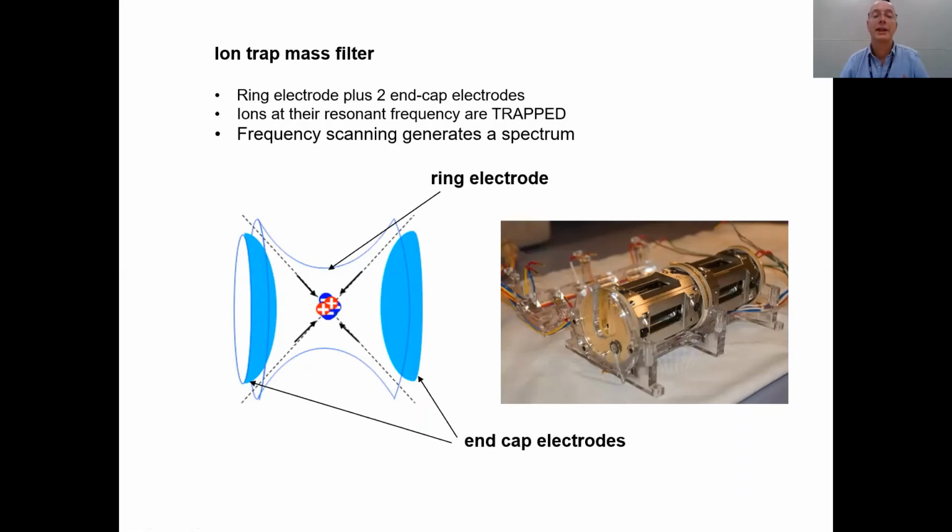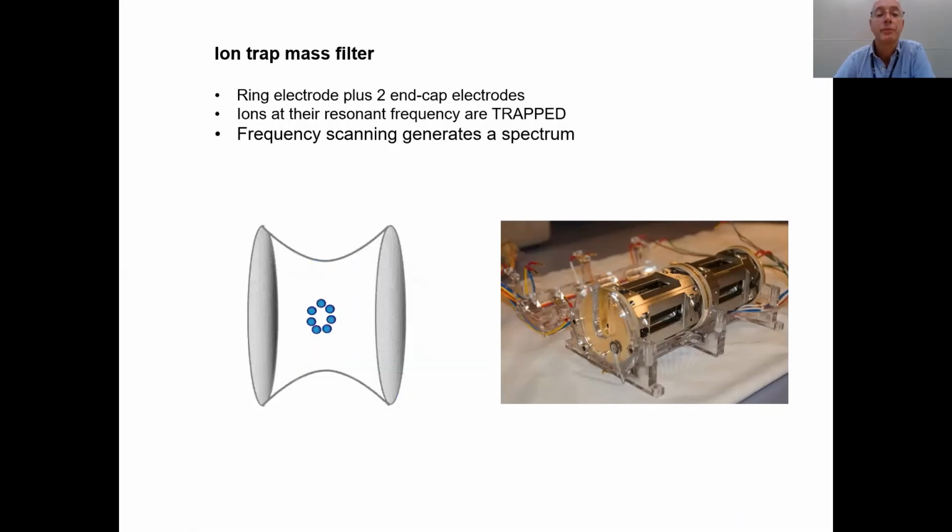And we can scan through frequencies, and we sequentially eject those ions onto a detector, and that will generate a spectrum for us. So this is our ion trap mass filter.